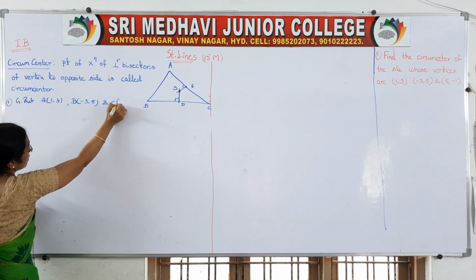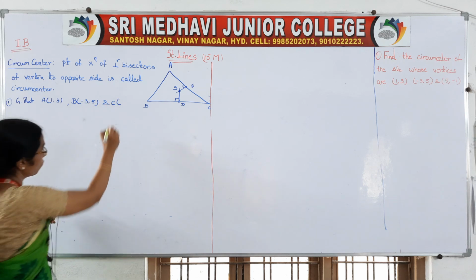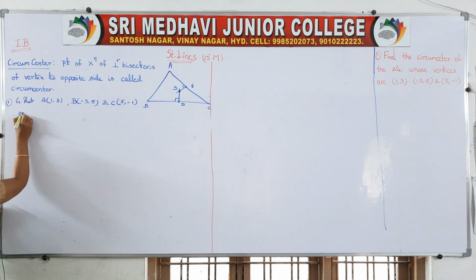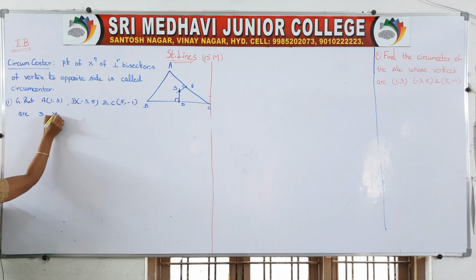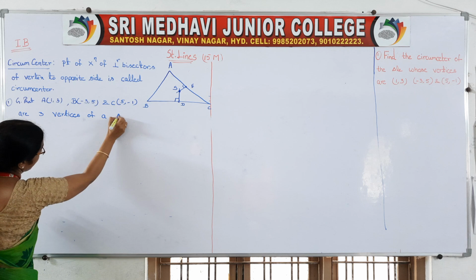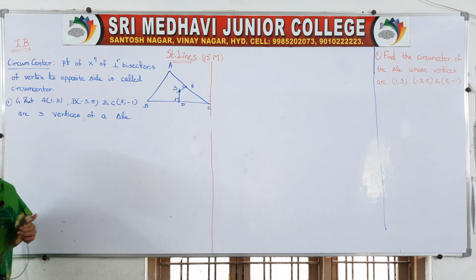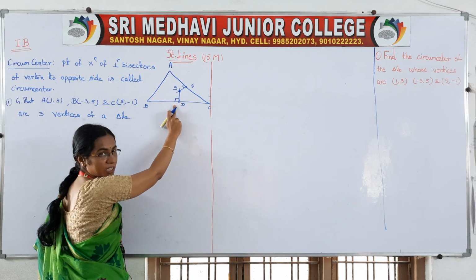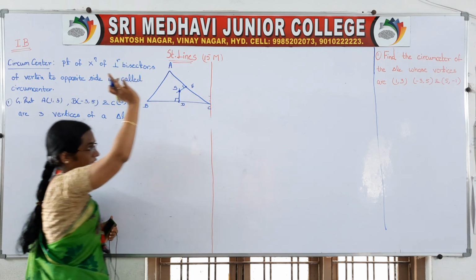And the third vertex C is (5, -1). These are the 3 vertices of a triangle. So with this information we have to find the SD equation and the SE equation.